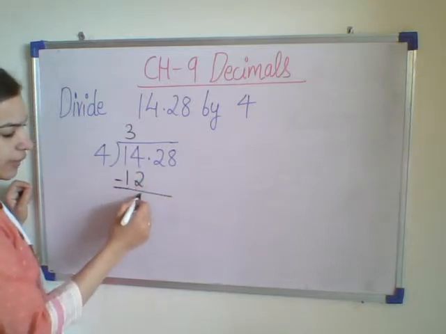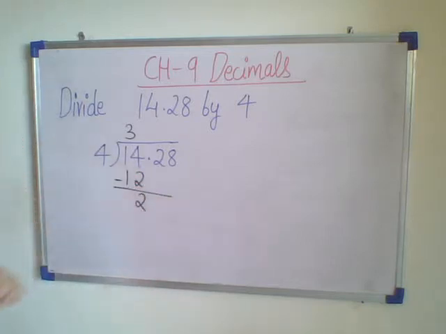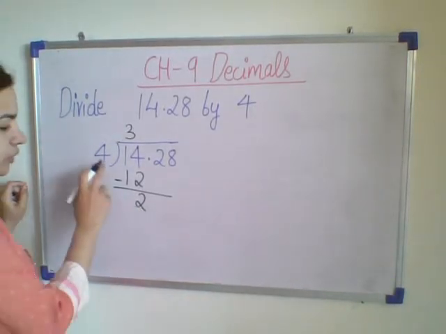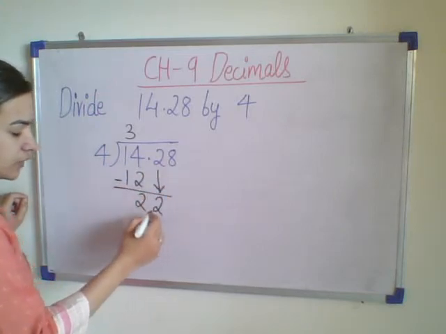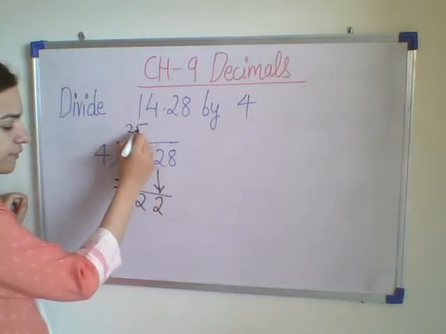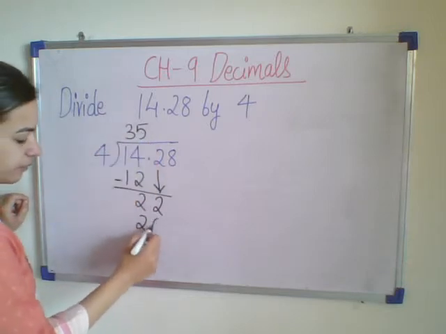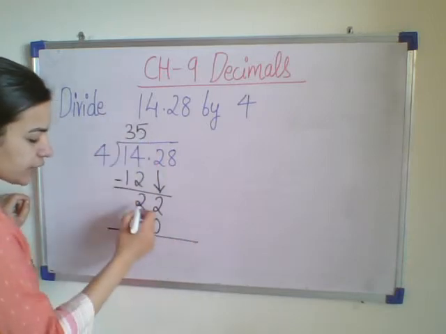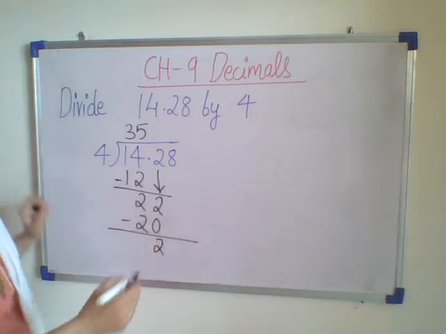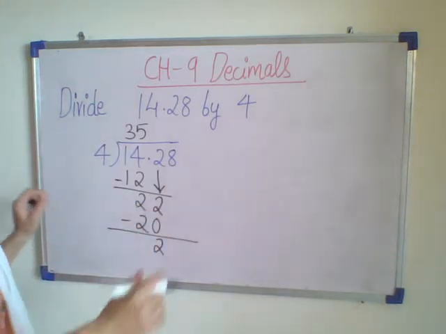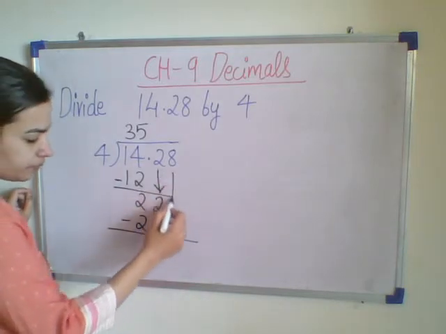Subtract 14 and 12, we get 2. Then we carry down this 2, it is smaller than 4 and cannot be divided, so we carry down this 2. Now 4 5s are 20. Now subtract 22 and 20, we get 2, and we carry down this 8.